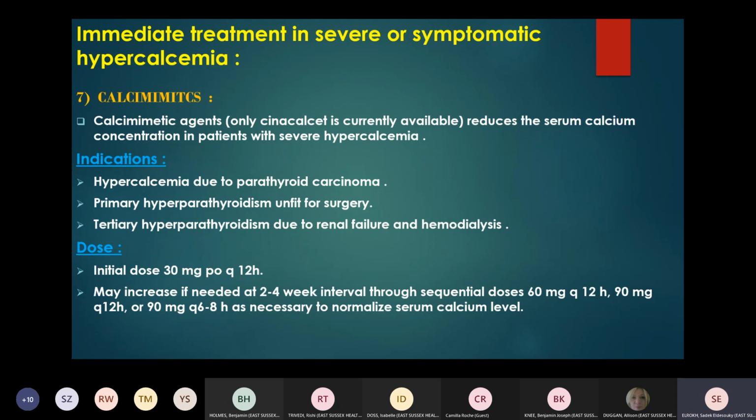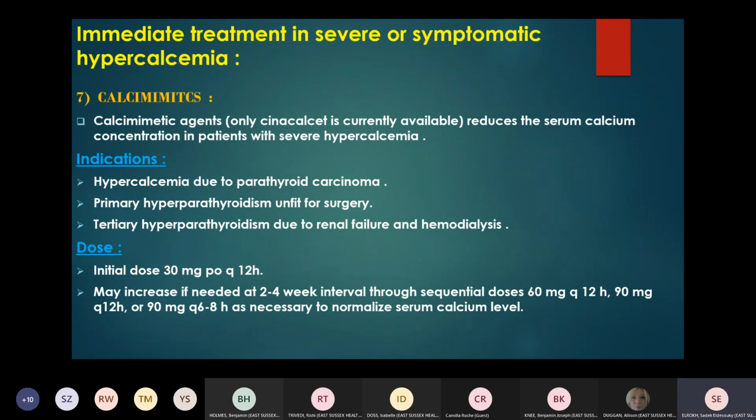So again, the indication of cinacalcet is only hypercalcemia secondary to a parathyroid hormone-related disorder, like primary hyperparathyroidism or tertiary hyperparathyroidism or parathyroid carcinoma.